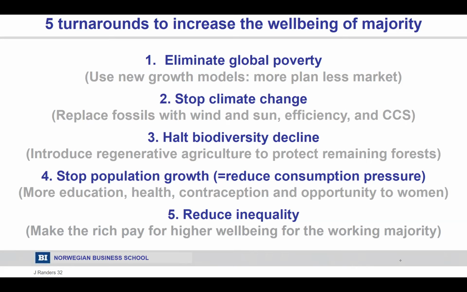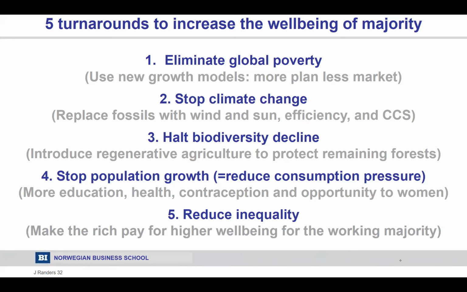The cost of doing all of this is, we say, somewhere between 2 and 4% of global income. If you got hold of 2 to 4% of the money, you could then pay for the shift of labor and capital from dirty activity to clean activity, from what is profitable to what is needed in order to make a better world.